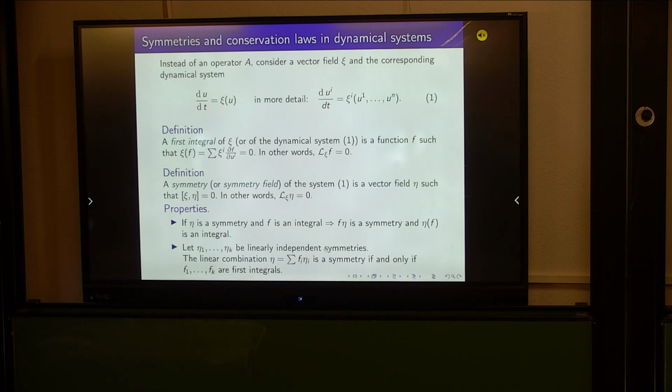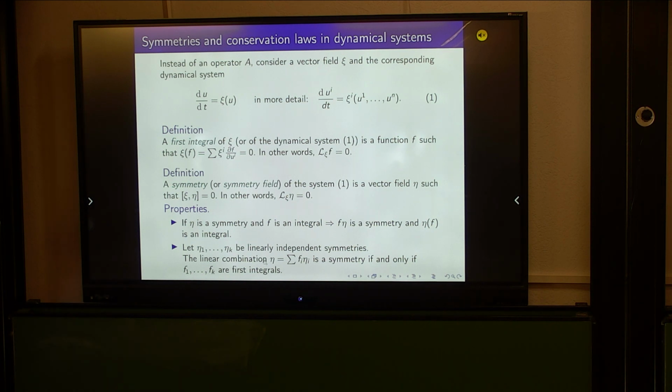Or if I have k linearly independent symmetries and consider a linear combination with certain coefficients, then this linear combination is again a symmetry if and only if the coefficients are first integrals.